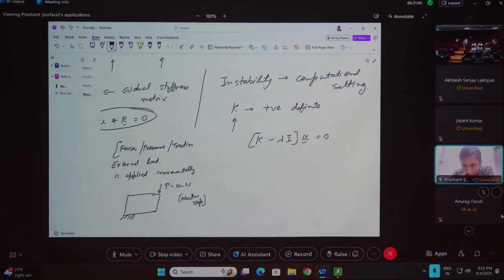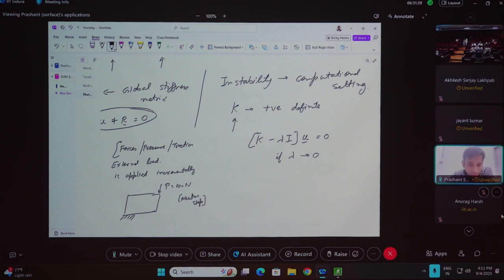So you're basically trying to find the eigenvalues of K. Lambda would always be positive. If they approach 0, that means you are approaching the case of instability, potential instability.